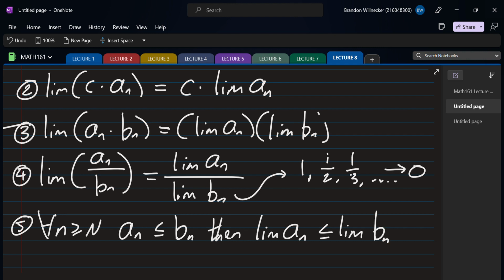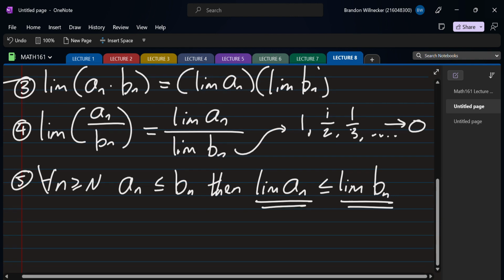Okay, so if the individual elements satisfy the inequality, then the limit values also satisfy this inequality. Okay, so we'll be using this quite a bit to answer the different problems.